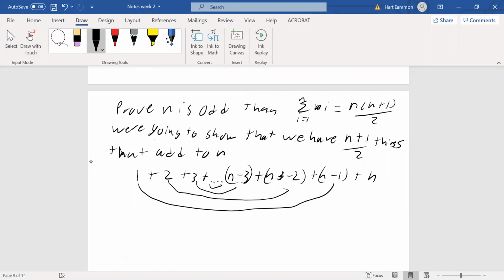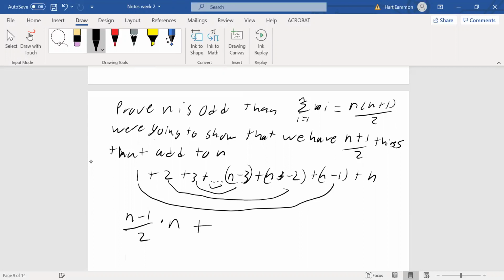So over here, it looks like we have n minus 1 over 2, because we have n minus 1 things that are being broken up into pairs. So we have n minus 1 over 2 things that add up to n, which is the same thing as n minus 1 over 2 times n.